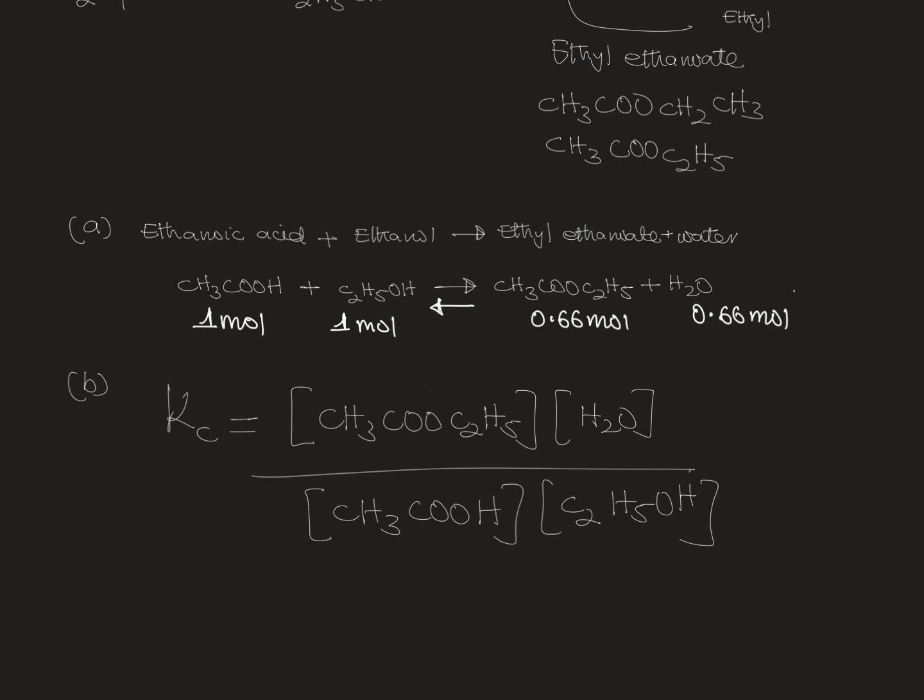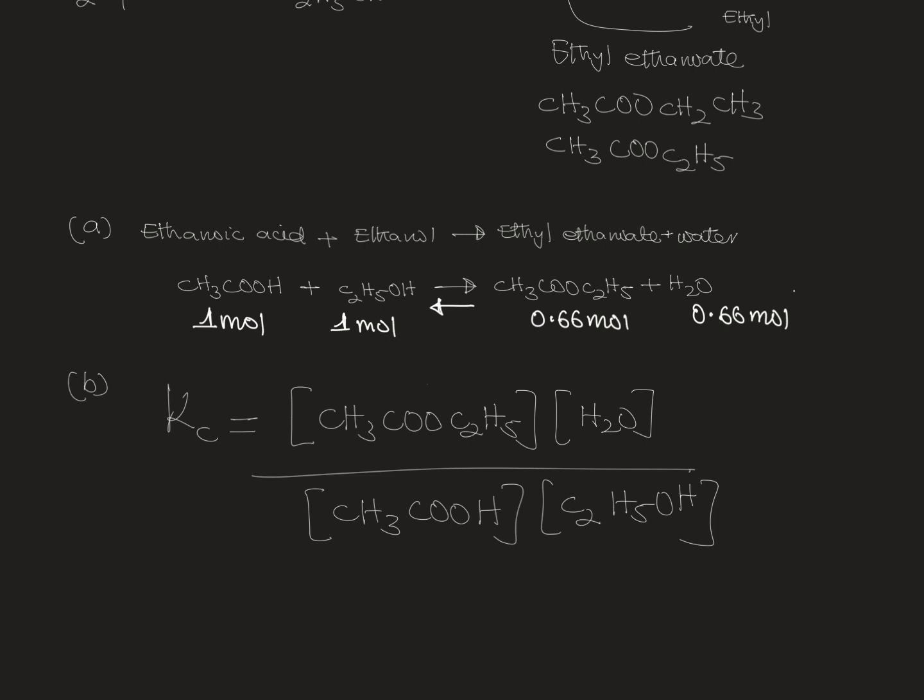So what does this mean? It means that not the entire mole of ethanoic acid or ethanol was completely used in the reaction. If 1 mole of ethanoic acid and 1 mole of ethanol was supplied, but only 0.66 mole of ethyl ethanoate and 0.66 mole of water was produced, this means that not all the ethanoic acid or ethanol was involved in the reaction.